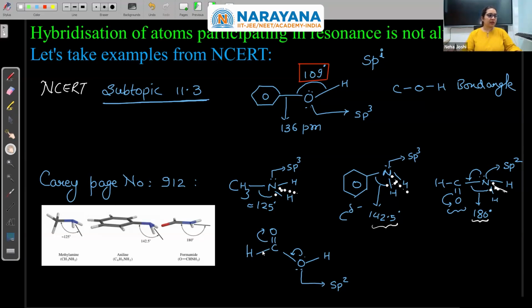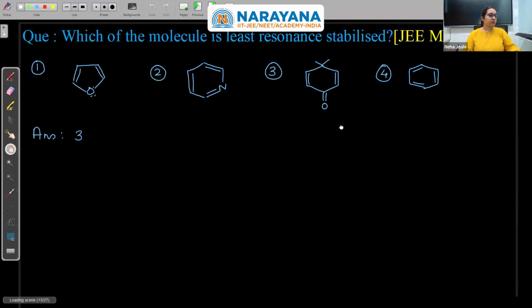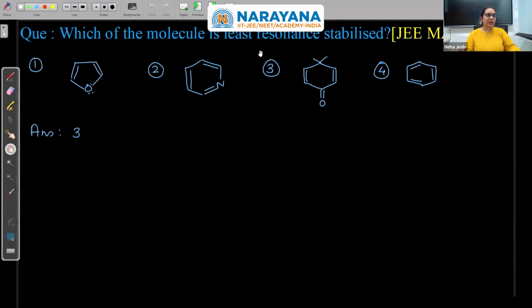So coming back to the next point: which of the molecules is least resonance stabilized? This was a 2017 question. Now see, least resonance stabilized. As I told you, look for cross conjugation versus continuous conjugation. You can see continuous conjugation. Very well, you can see again here continuous conjugation. Resonance, very good.